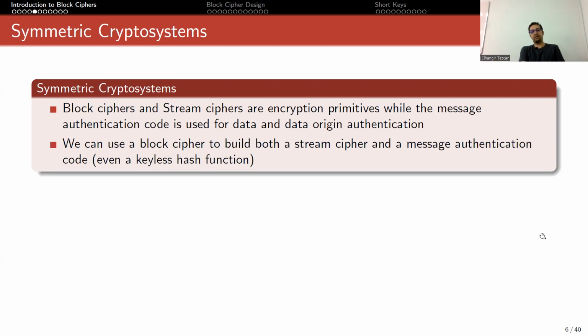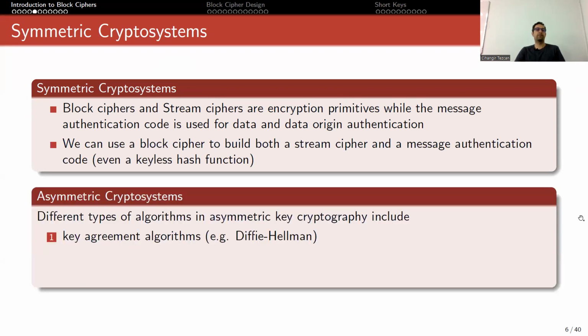However, these topics are not completely unrelated. We can use a block cipher to build both a stream cipher and a message authentication code. We can even turn a block cipher into a hash function. There are methods for that, which we'll be talking about when we talk about hash functions.